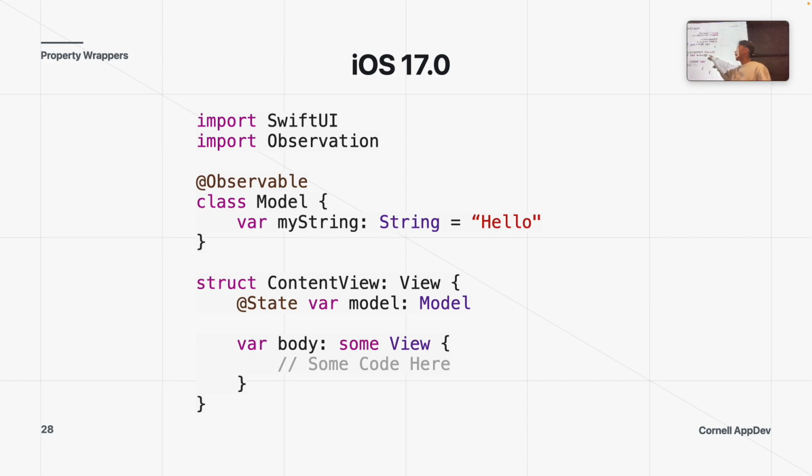Now, remember how we had @StateObject, @ObservedObject, @EnvironmentObject? We don't need that anymore. We could just simply use @State, and it'll handle value types, it'll handle reference types, it'll handle a lot of things. So if you have a reference type, you can just simply use @Observable, and then you don't need to worry about StateObject, none of that. You can just simply use @State and then @Binding.